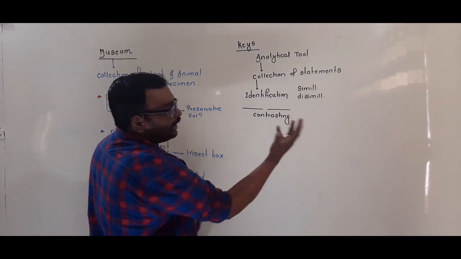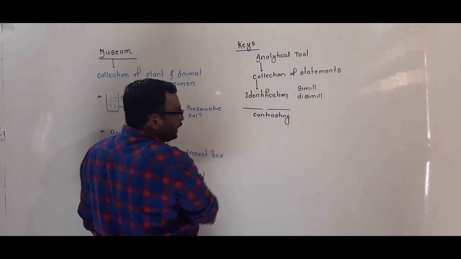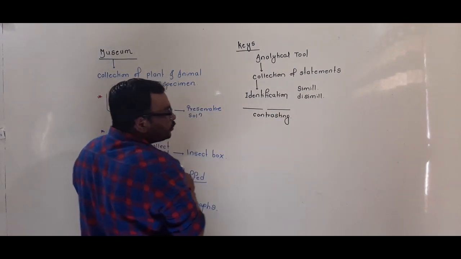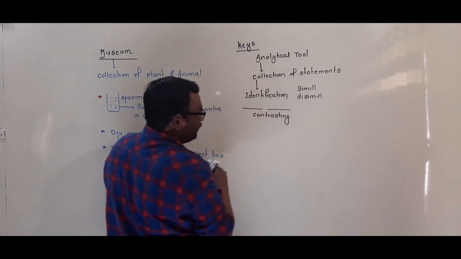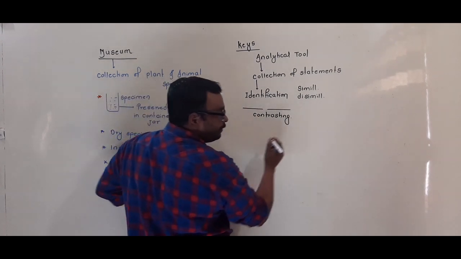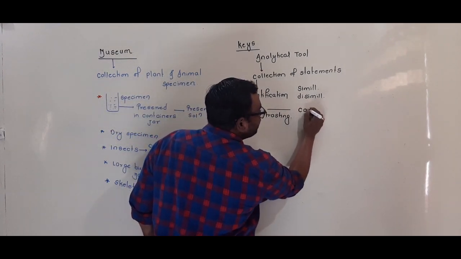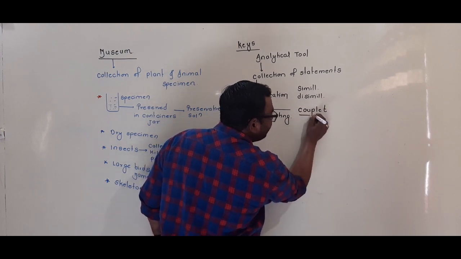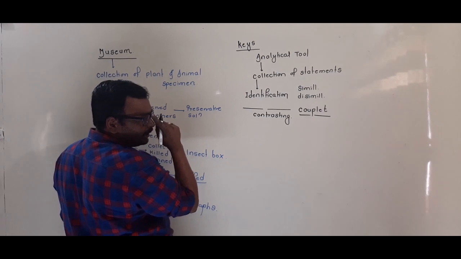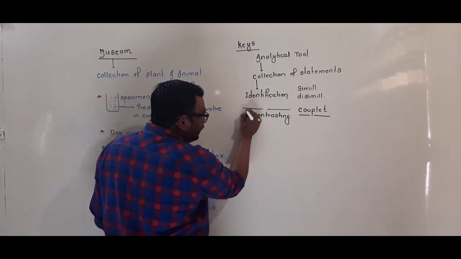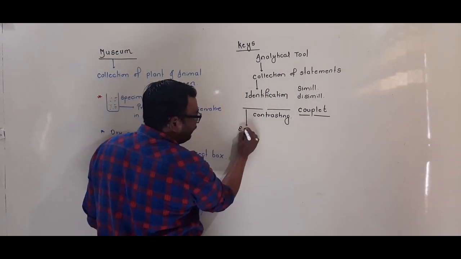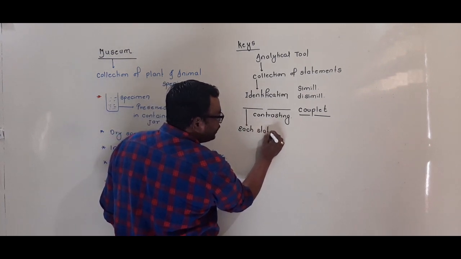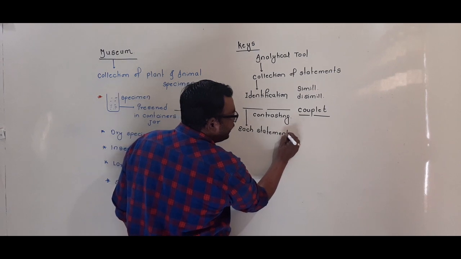So if we are identifying one animal, we select the statement which belongs to that animal and reject the other statement. These contrasting statements are called a couplet. Whenever there is a pair of statements or a pair of characters, that is called a couplet. And listen carefully, each statement is nothing but called a lead.